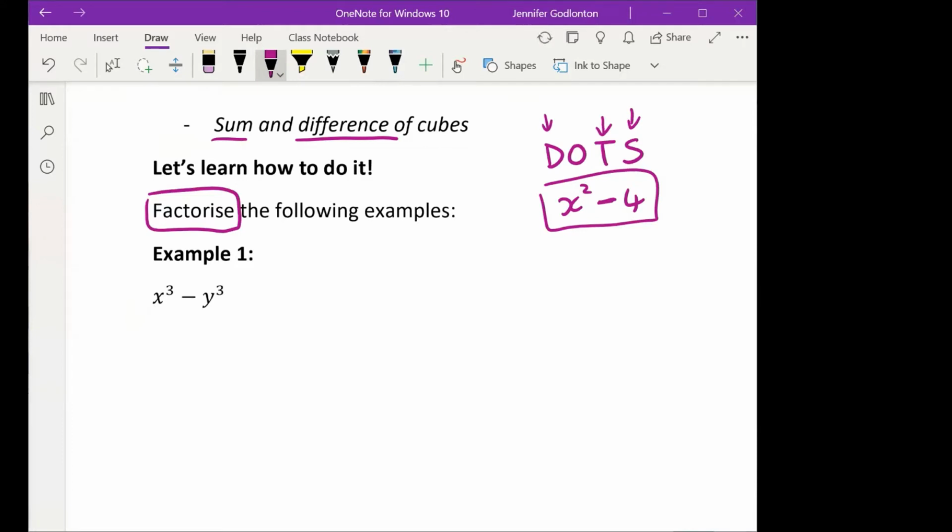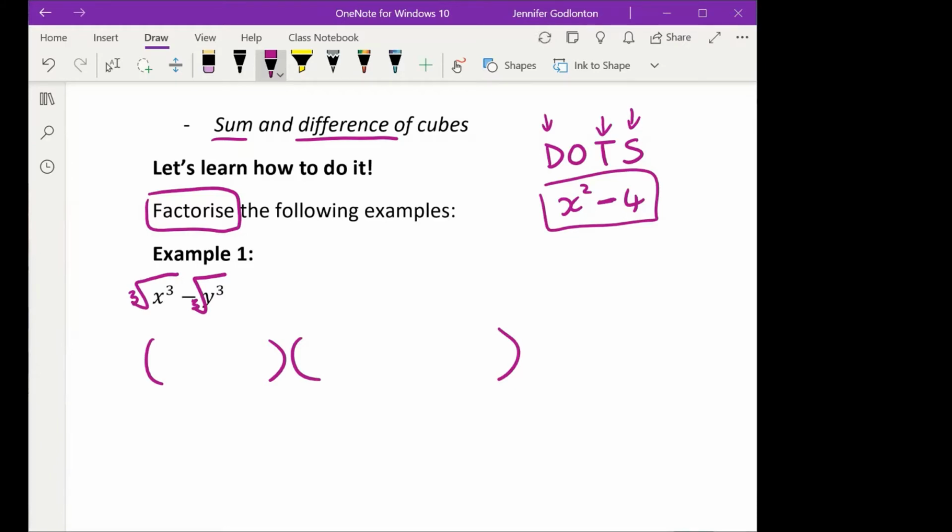If I had to factorize it, I'm going to show you very clearly how to do this one, and then I'm going to let you try one. Okay, we always have two brackets. That's our first step. In our first bracket, we are going to cube root that term, and cube root that term.